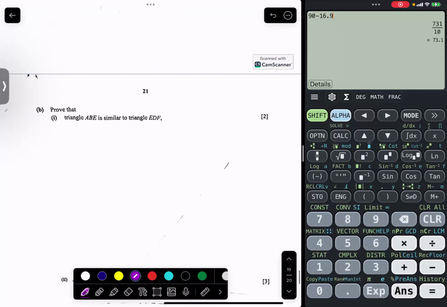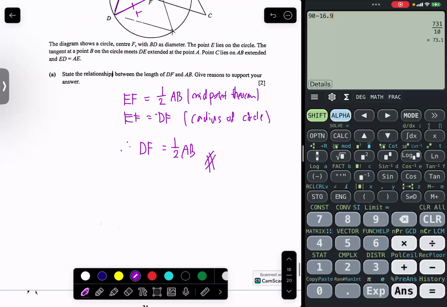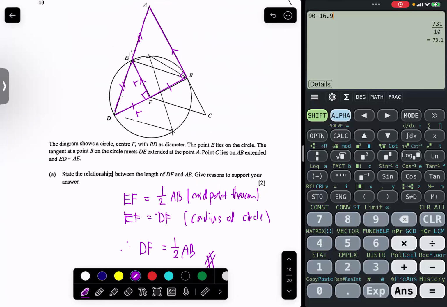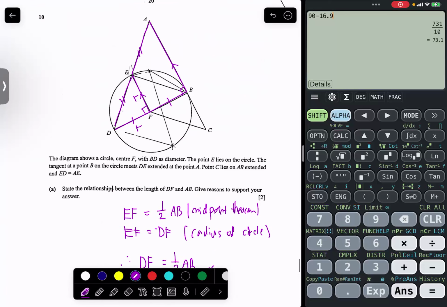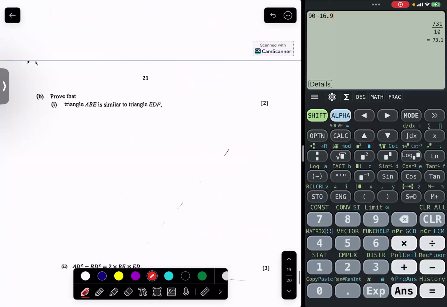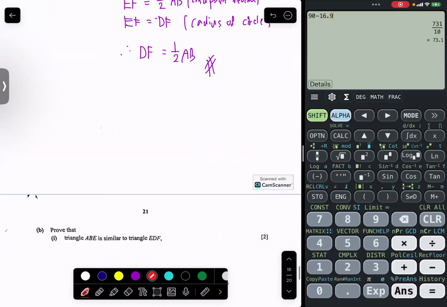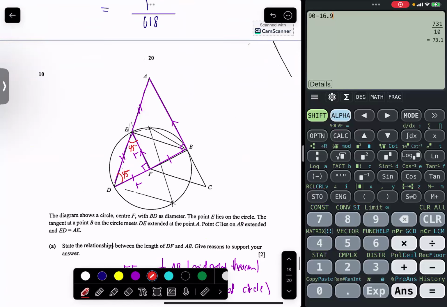Prove that triangle ABE is similar to EDF. First, we know that this is a right angle. Since we know this is a right angle, this must be 45. So EDF is pretty clear cut. Let's look at ABE.